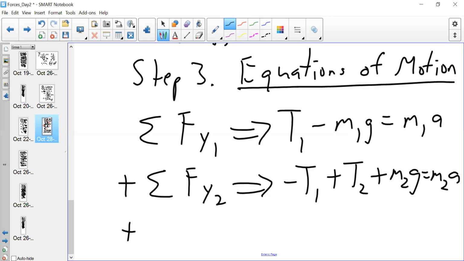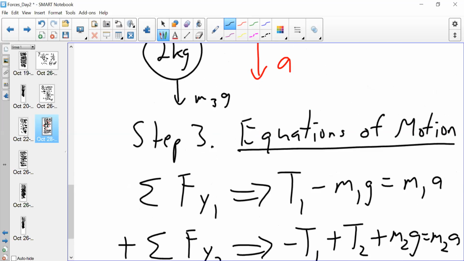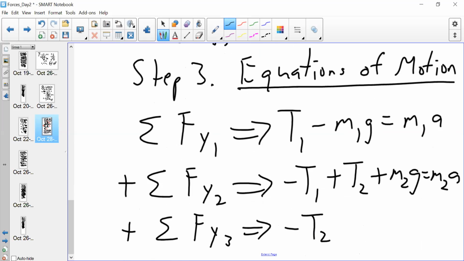And for the third mass, we have a third equation here. According to our free body diagram, it will have negative T2, as we see there, plus M3G. So you can see the power of the free body diagrams done accurately: they create our equations. Negative T2 plus M3G equals M3A, and you're ready to go.